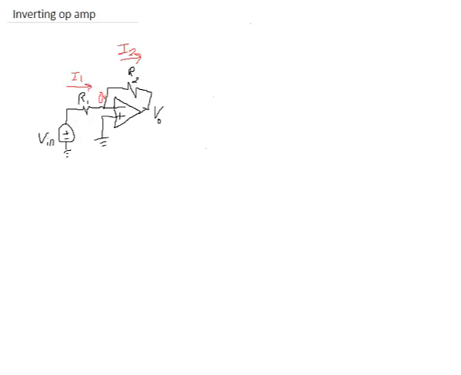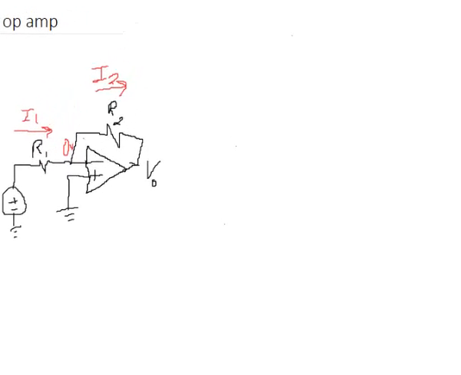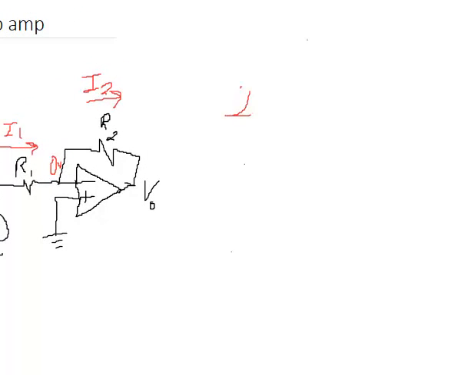Assuming Vin is a positive voltage, the current flows from high voltage to low voltage, so I1 points this way. And I2 points this way because since no current divides here, it has to be in the same direction as I1. And since they're all essentially the same branch, we can say I1 equals I2.